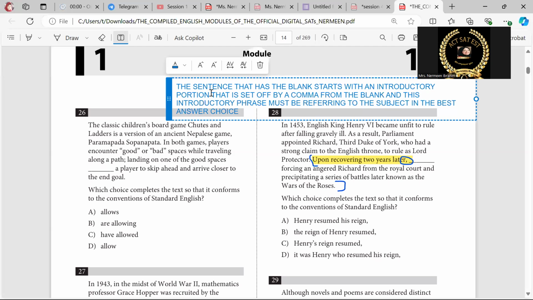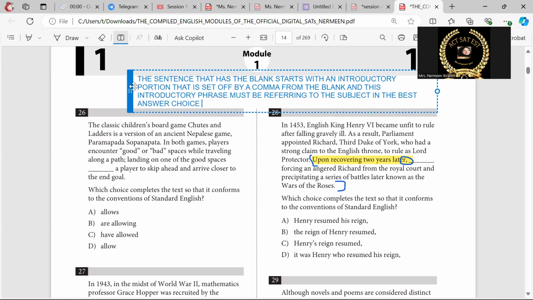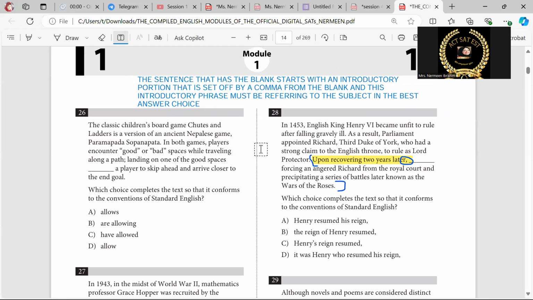What does this mean, teacher? It's so hard. No, it's not so hard. Just concentrate. This introductory part must be referring to the subject in the best answer choice.